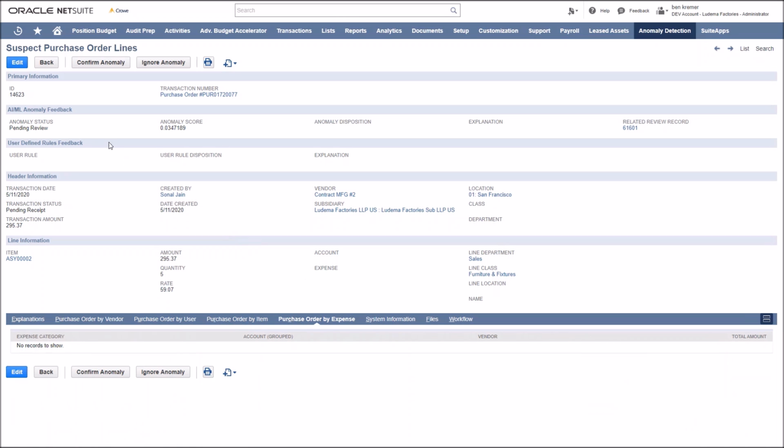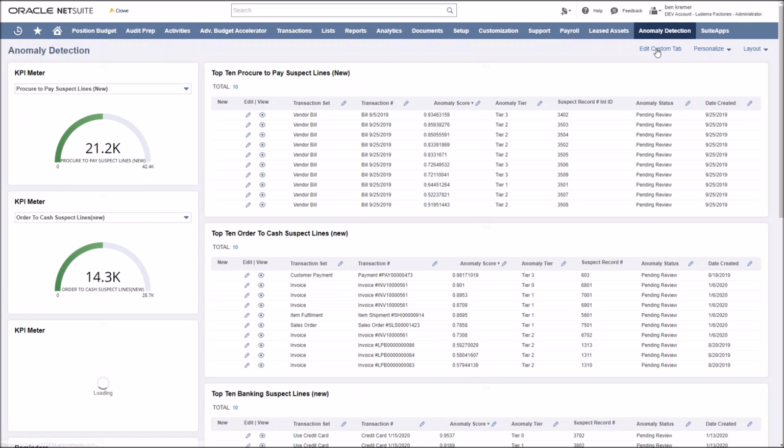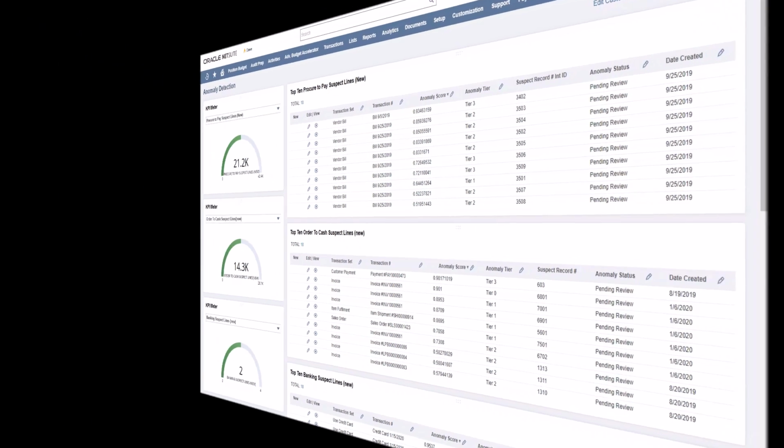And it provides a score suggesting the likelihood that the transaction doesn't conform with your typical company patterns. Via dashboarding in the solution, a manager's attention can be focused on those transactions that most warrant her review per the AI and ML algorithms.